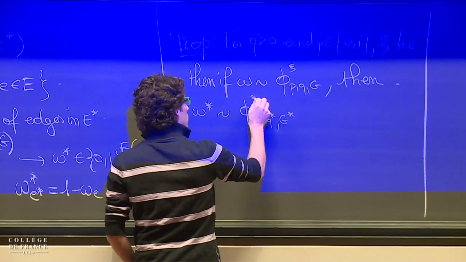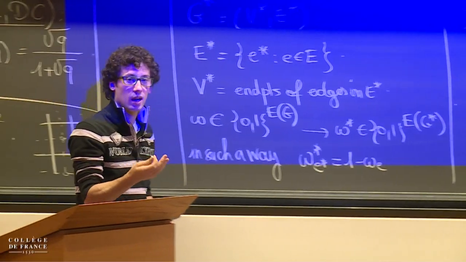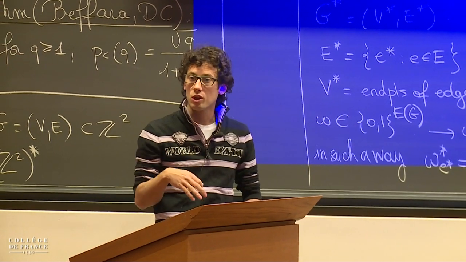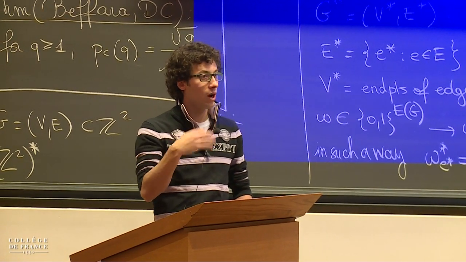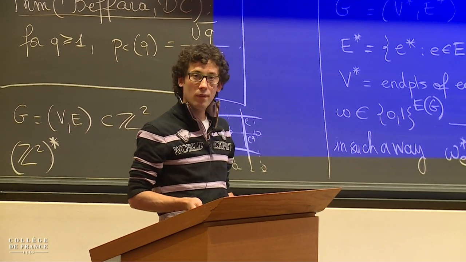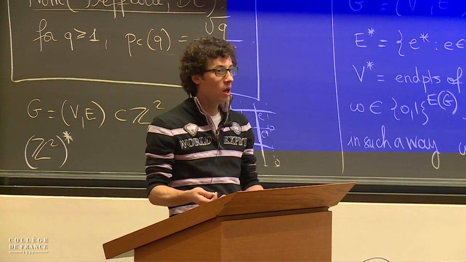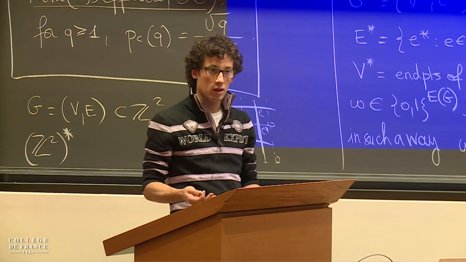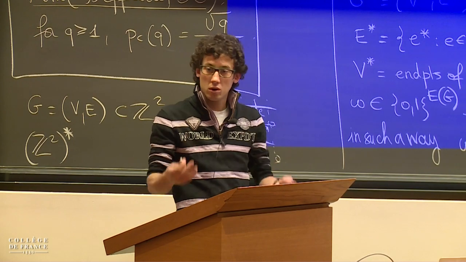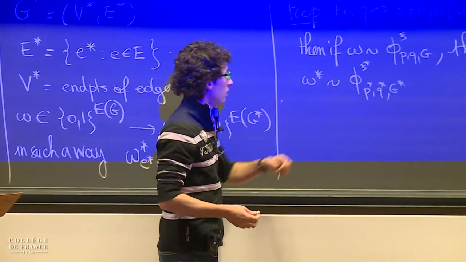The boundary condition is xi star, the boundary condition that you obtain from xi by taking the dual configuration of xi. Imagine xi is a configuration outside my graph. It induces a boundary condition. Take the dual of this configuration. It induces a boundary condition on the dual graph, and that's xi star.